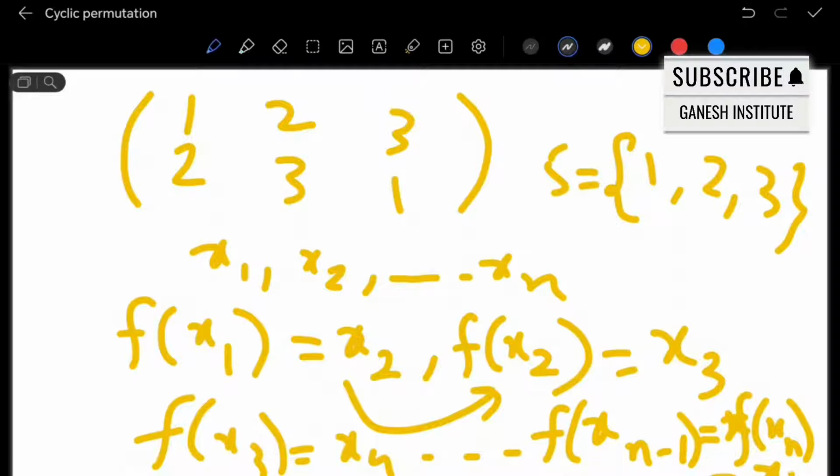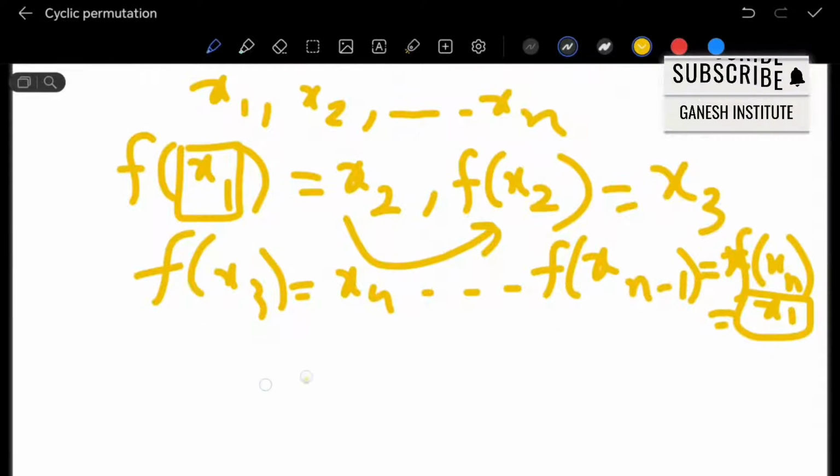You'll see we start from this one and we end at this. So this is a cyclic permutation.